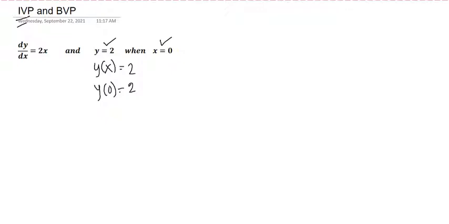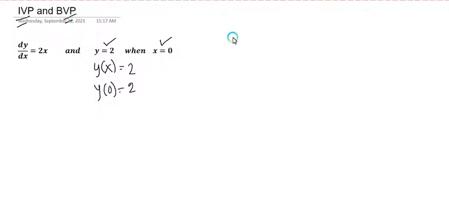If all the constraints are given at the same value of the independent variable, then it is called an IVP. But it changes into a BVP if the value of the independent variable changes.